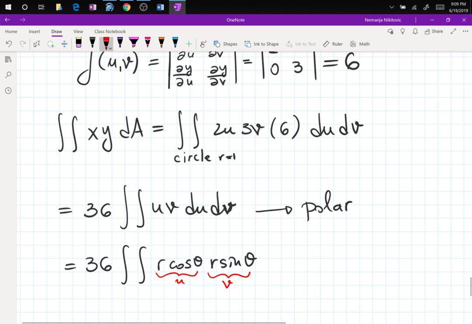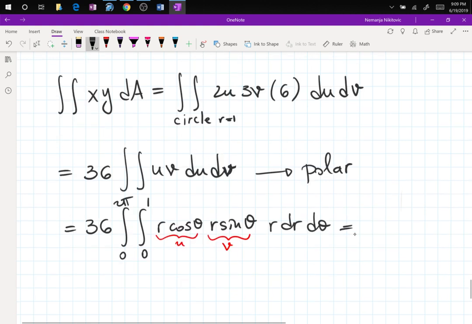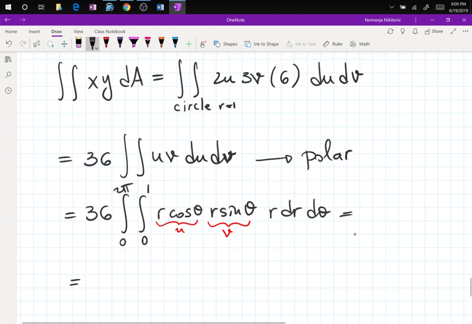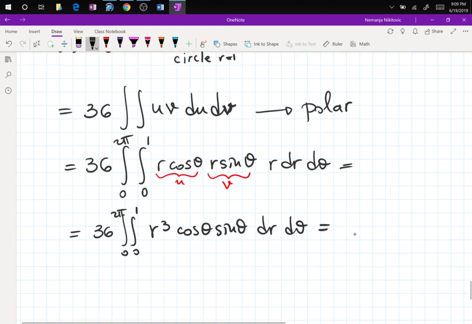And you have the Jacobian, r dr d theta. Your r is from 0 to 1, and your theta is from 0 to 2 pi. And the problem is solved. 36, double integral, 0 to 2 pi and 0 to 1, r cubed cosine theta sine theta dr d theta.